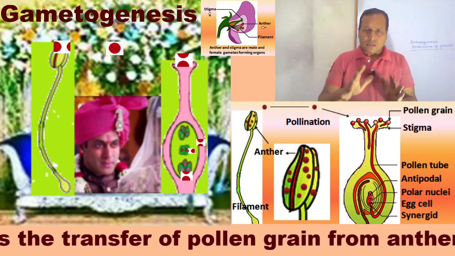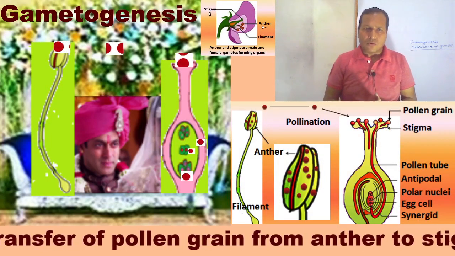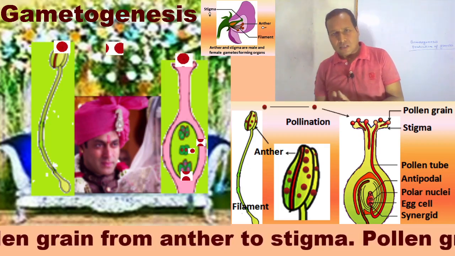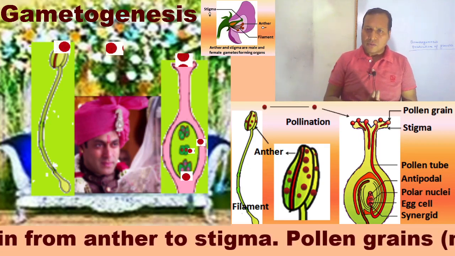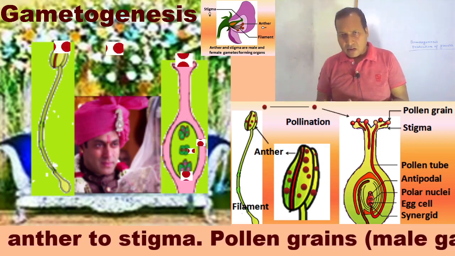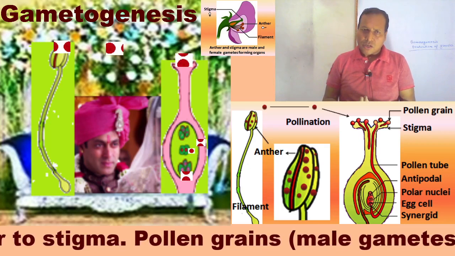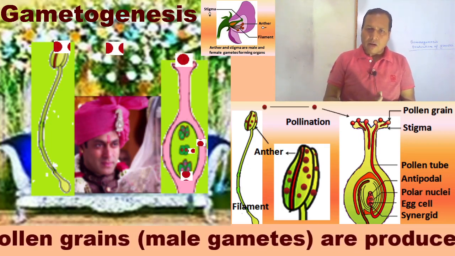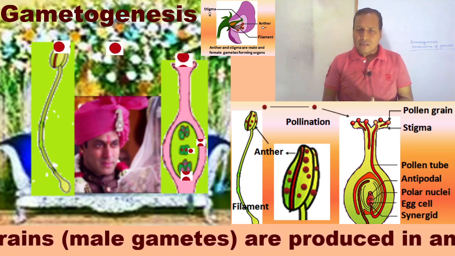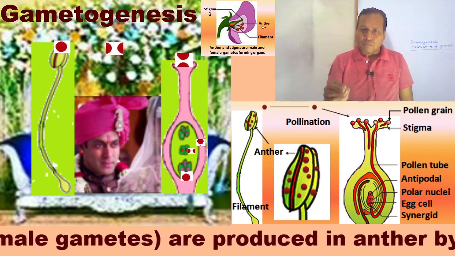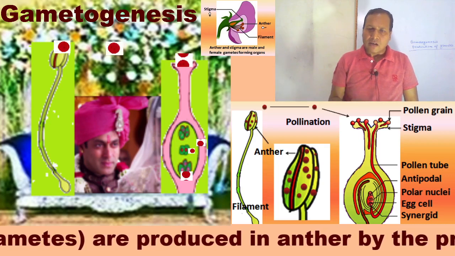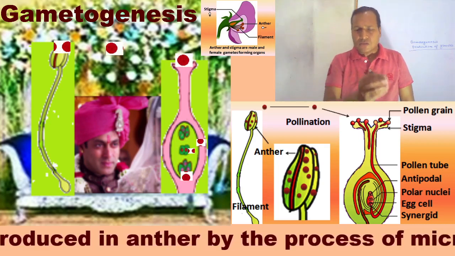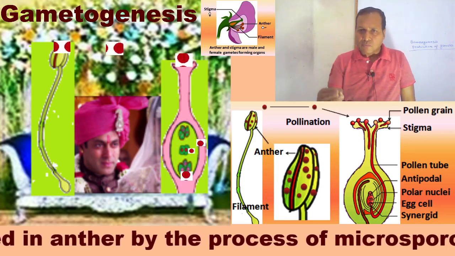So this was all about gametogenesis. What is gametogenesis? Gametogenesis is the production of male and female gametes. The male gamete forming mechanism and process is known as microsporogenesis, and the female gamete forming process and mechanism is known as megasporogenesis.